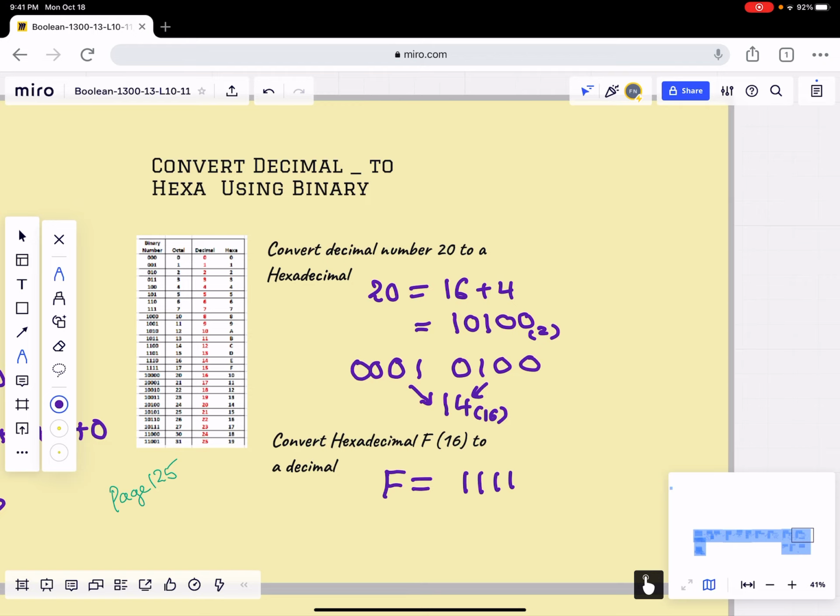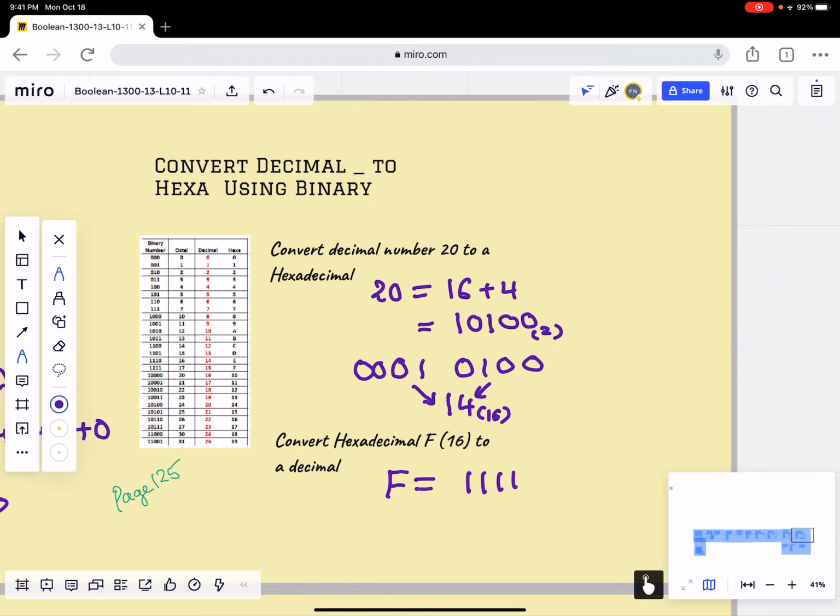So 1, 1, 1, 1 is equivalent to 15. So 8 plus 4 equal 12, 12 plus 2 is 14, 15. Decimal. And you can look at letter F is equal to 15 decimal right there.